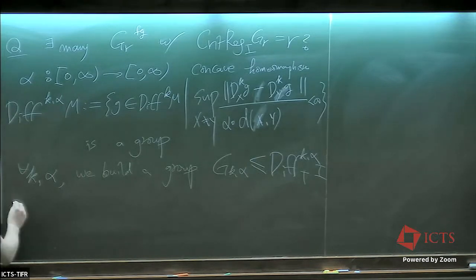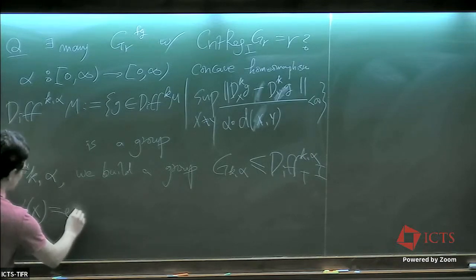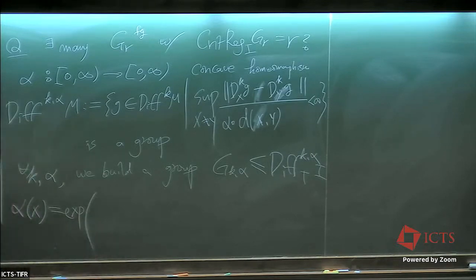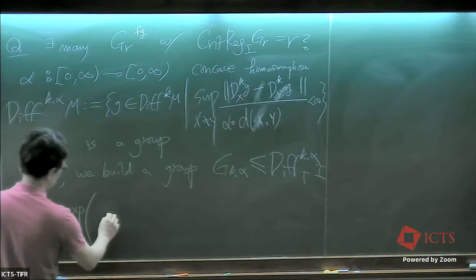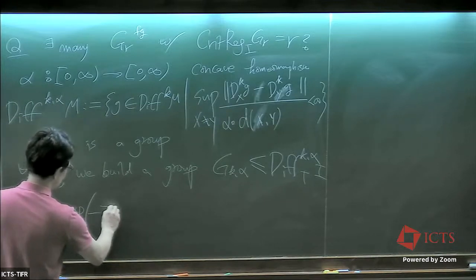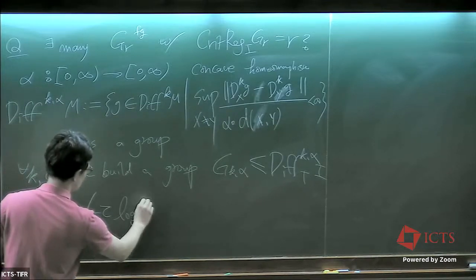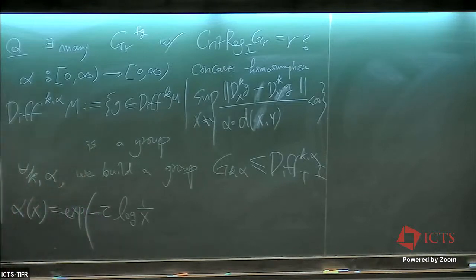So in particular, you can consider this kind of modulus of continuity. This is the exponential of minus tau log 1 over x, which is nothing more than x to the tau.